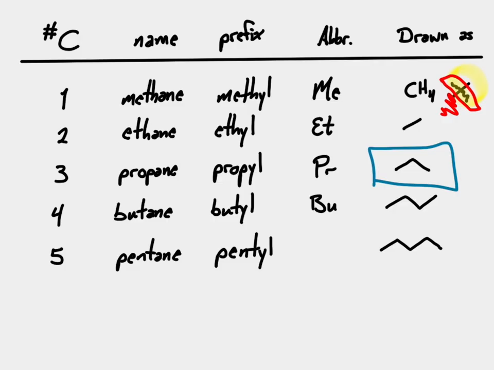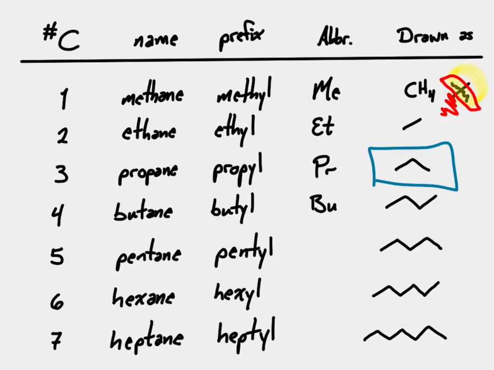We often don't abbreviate pentane. Sometimes we might write Pent or something like that, but it's not as common an abbreviation as Me, Pr, or Bu. And then going further down the chain, we have 6 carbons being hexane or hexyl, 7 being heptane or heptyl.